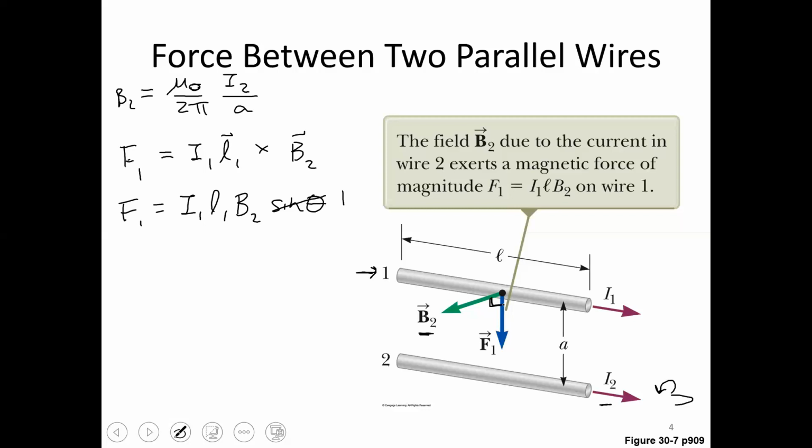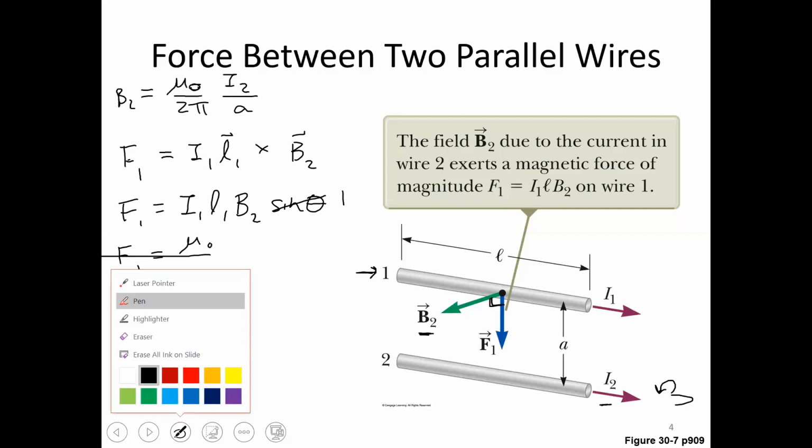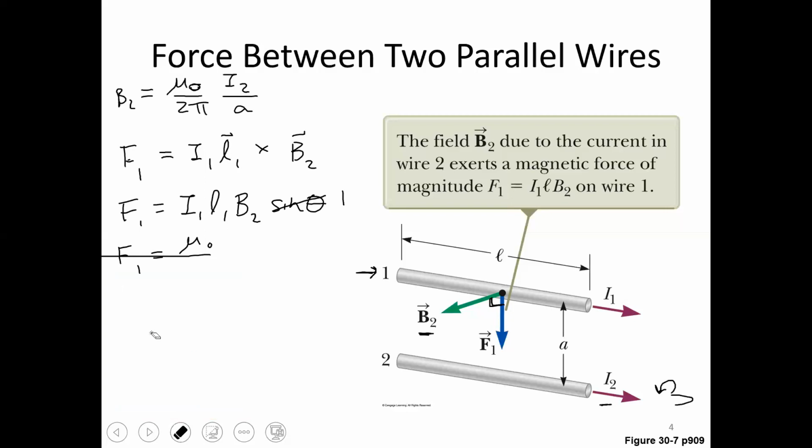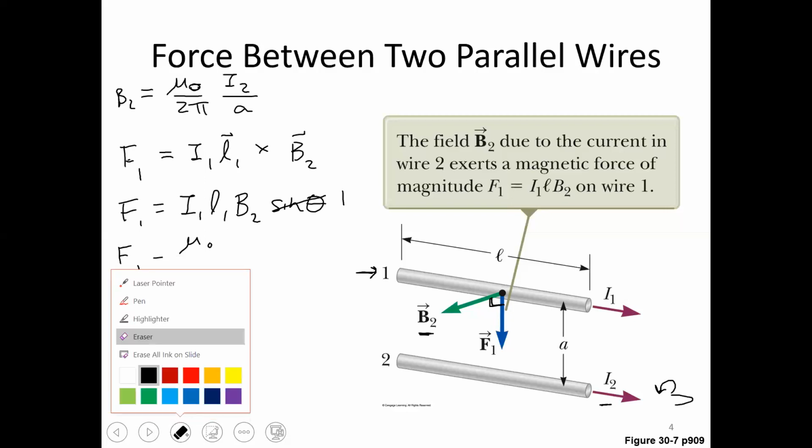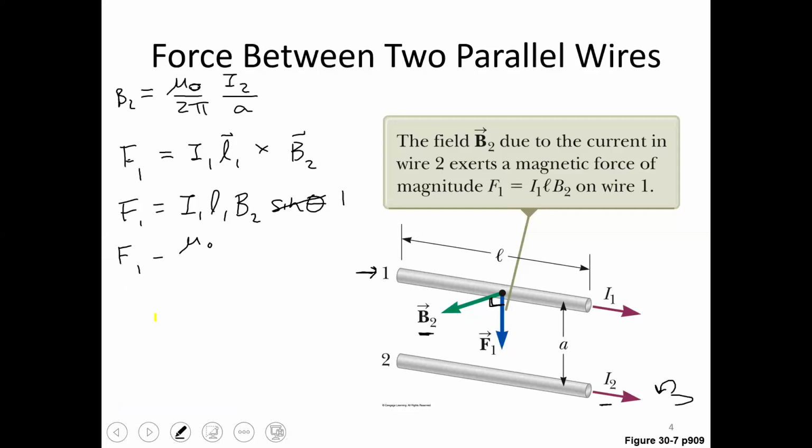So our force on wire number 1 is just the current in wire number 1, the length of wire number 1 that's sitting in the magnetic field, field number 2. If we plug in the numbers that we have for all this, we have some constants up front that are mu 0 and 2 pi.